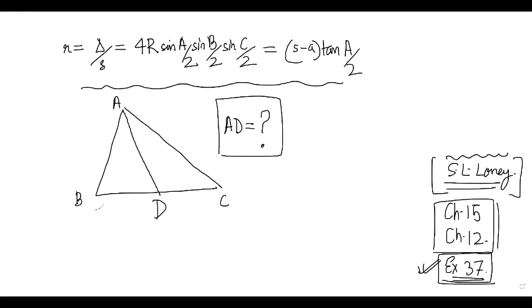So you need to know what is this BD, let's call it M, and what is this CD, let's call it N. AD can be any line, doesn't matter. What you need to know is BD portion and CD portion. AB is called C and AC is called B, and this whole BC is called A. Now we want to find the length of AD, and let's call it D.